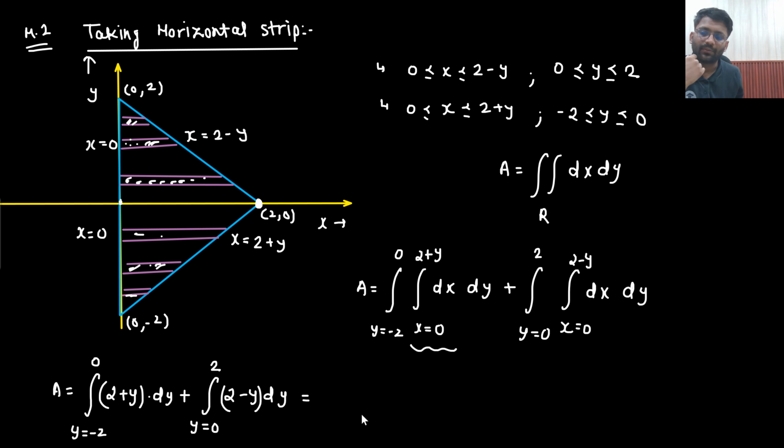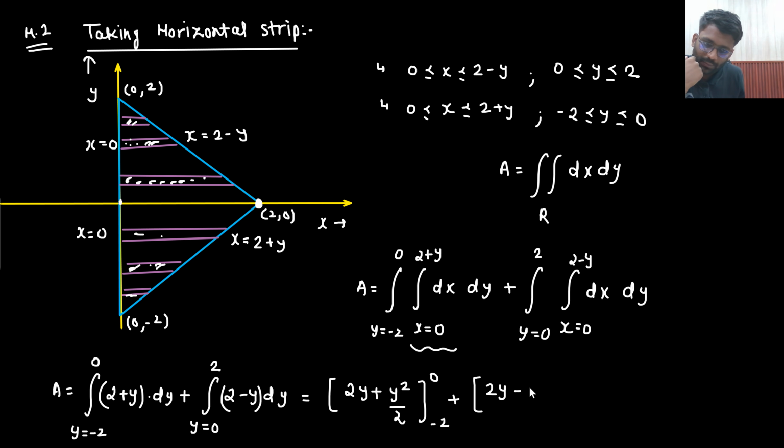Right? Now, when I solve this integration: 2y plus y square by 2 from minus 2 to 0, plus 2y minus y square by 2 from 0 to 2.